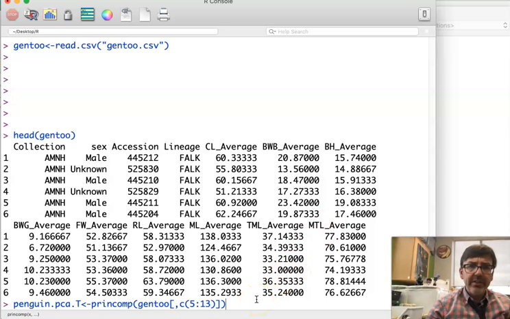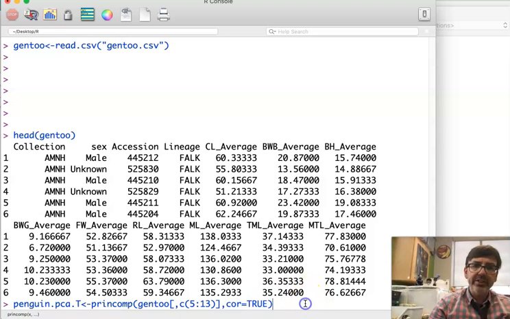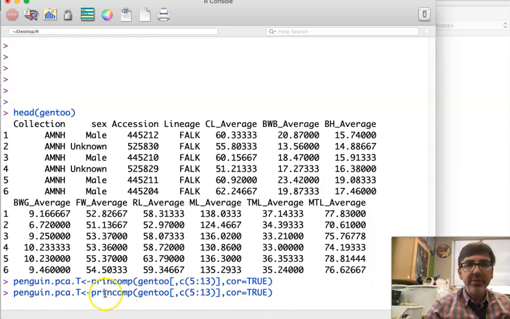Now, the thing we have to decide is whether we want to use correlation equals true or correlation equals false. And to illustrate these things, I'm going to make two different models that sort of show you what happens.